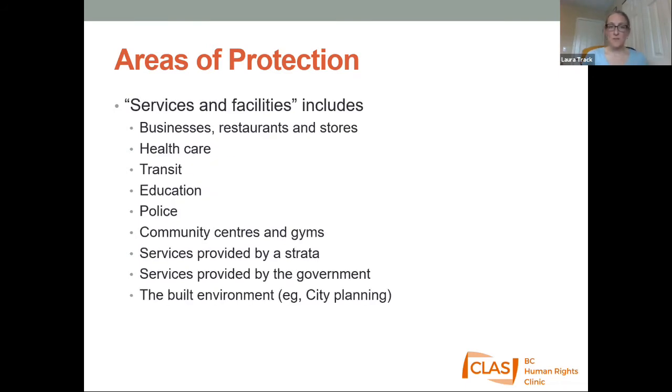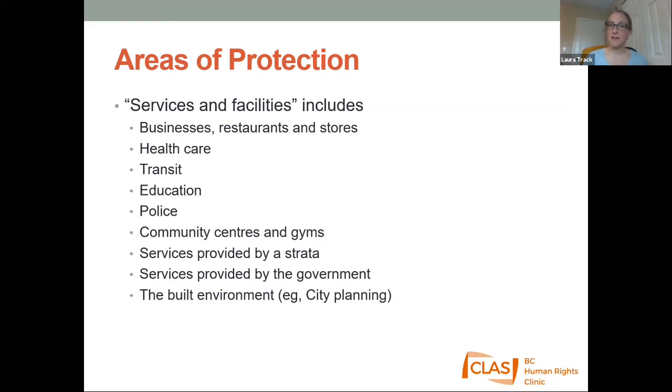And services and facilities includes a lot of different things. This is a big category of protection, and it includes things like businesses, restaurants, and stores, the services provided at a hospital or a medical clinic, transit services, services provided by schools and universities, the services provided by the police, services provided by stratas or governments, and the built environment is also considered a service or facility.